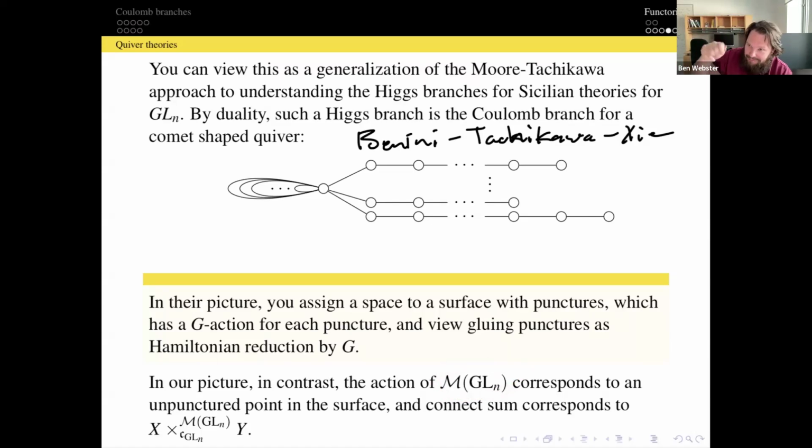It's some sort of local operator story, something you can insert at any point, not just at these boundaries. When you do reduction for this MGLN, rather than gluing boundary components, you're doing a connected sum. You're making a new boundary component and surgering it up.